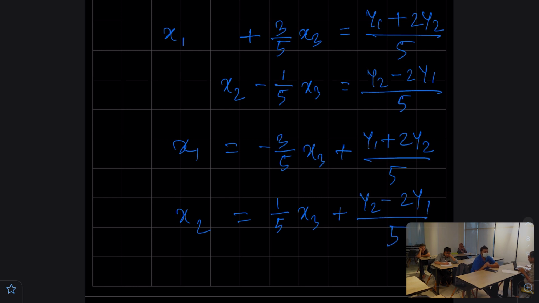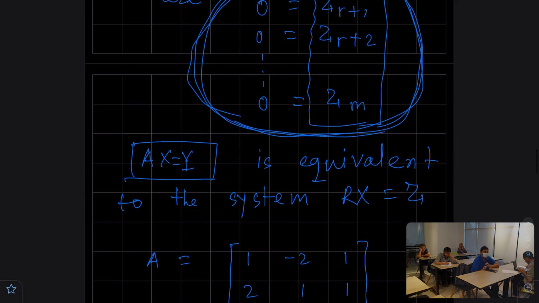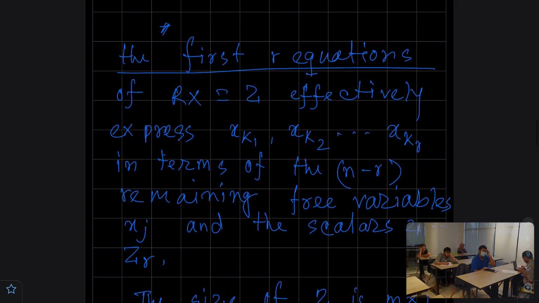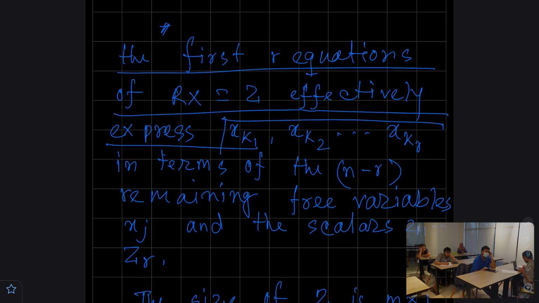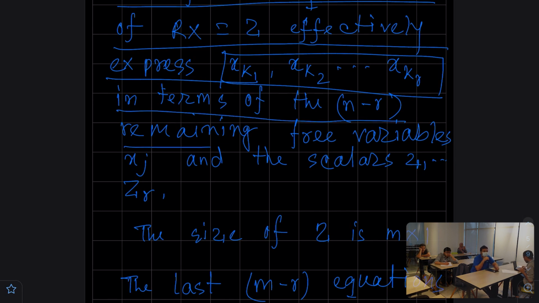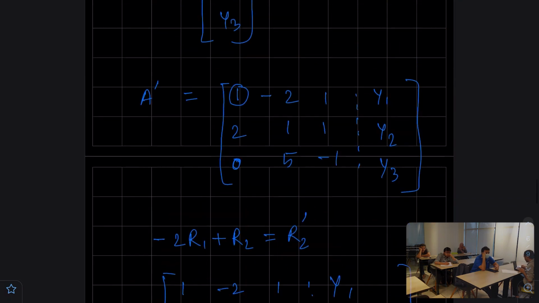Here we see that the first equations of Rx equal to Z effectively express all the leading variables in terms of the n minus r remaining free variables xj and the scalars z1 to zr. As you can see, y1, y2, y3 are some scalars, right?